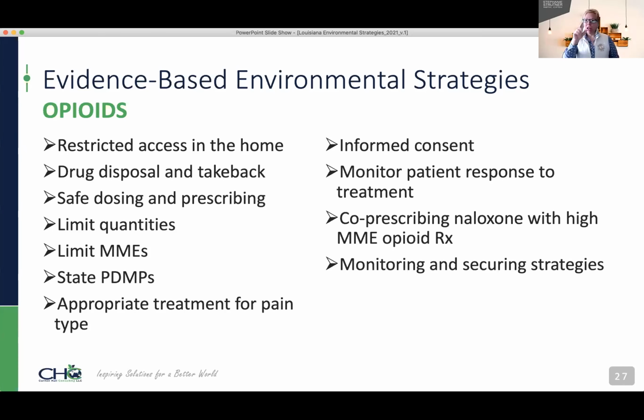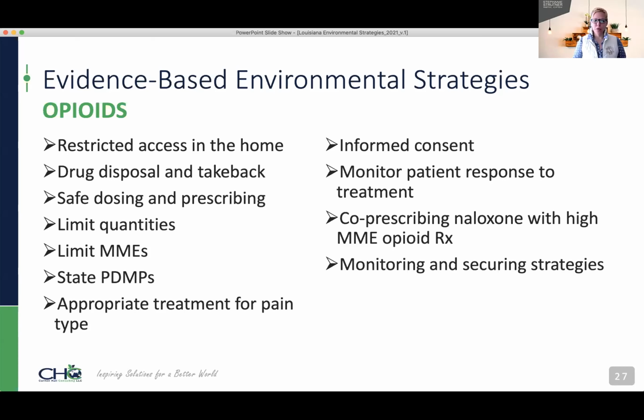Again, identifying and acknowledging the stigma associated with opioid use, and also acknowledging that we don't want to inflict pain upon people, but also recognizing that sometimes the amount of milligram morphine equivalents that we prescribe in our healthcare system are more than people need.